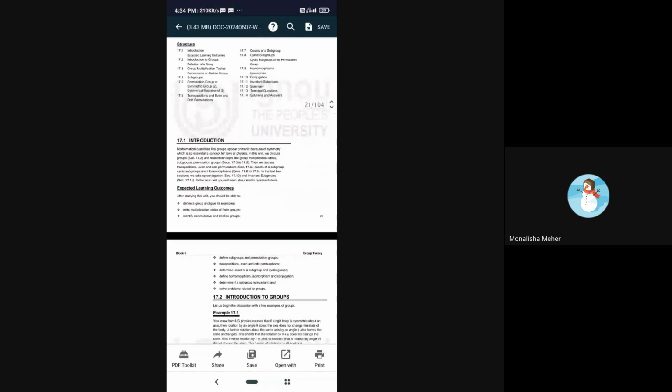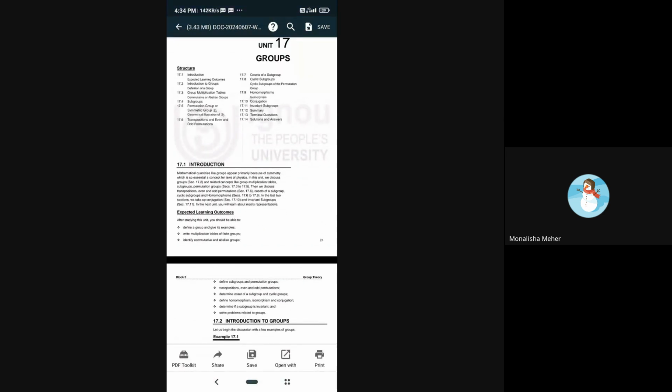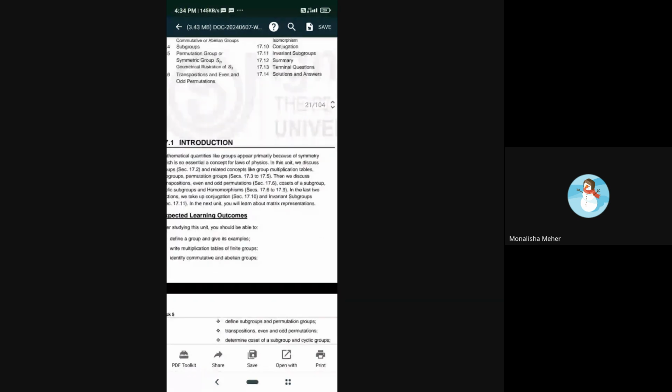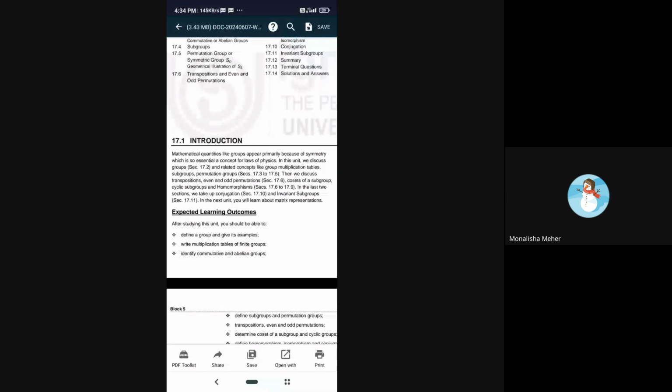Then we'll go to groups. Mathematical quantities like groups appear primarily because of symmetry, which is so essential a concept for the laws of physics. So we'll discuss related concepts like group multiplication tables, subgroups, permutation groups, transposition, even and odd permutations, cosets of a subgroup, cyclic subgroups, and homomorphism in the next half an hour.